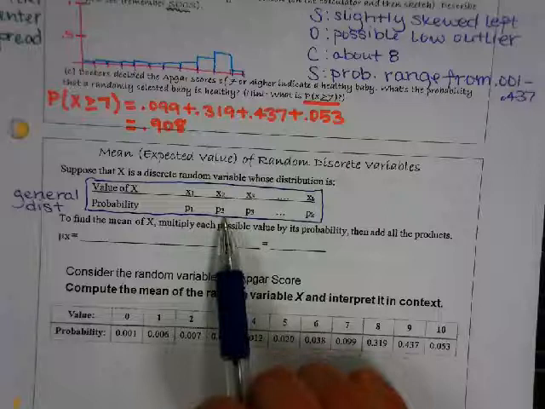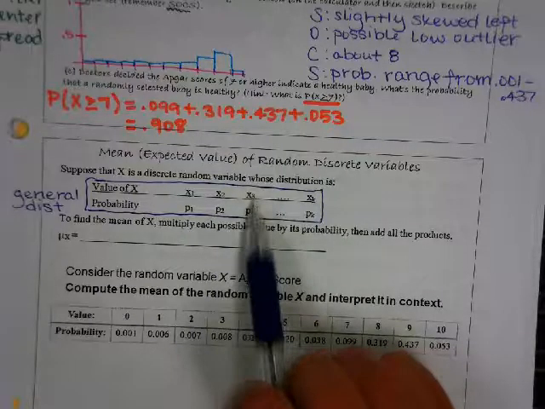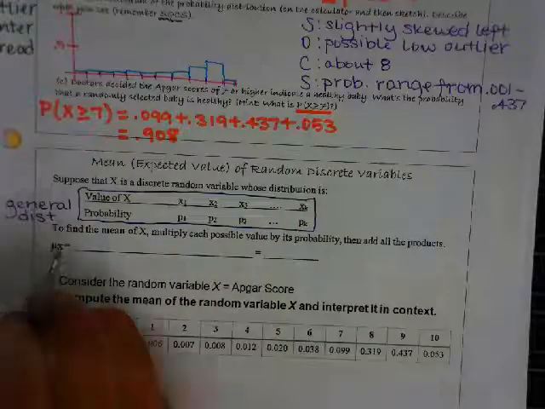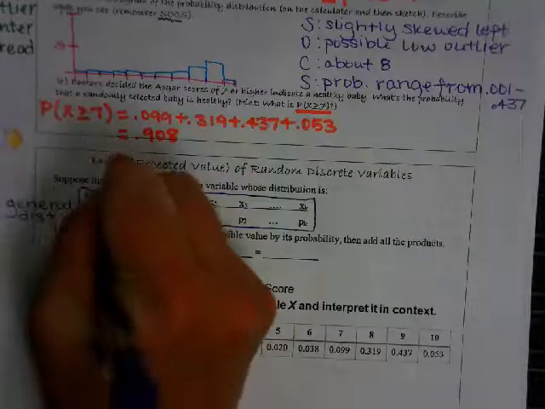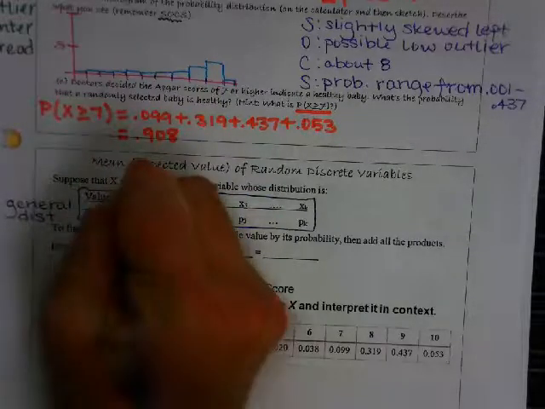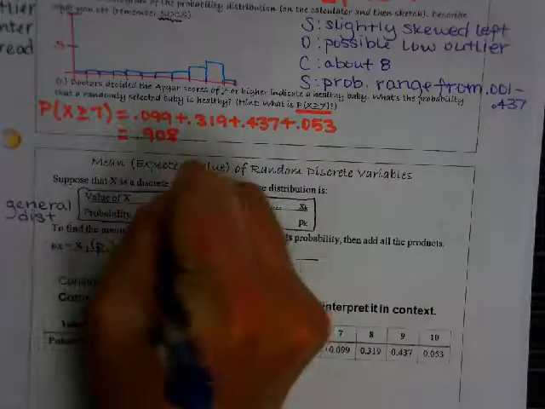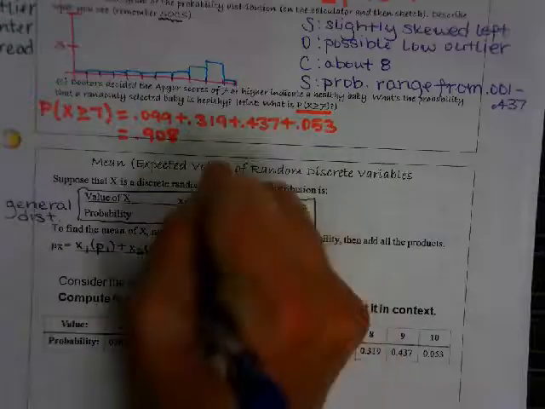So we would have x sub 1 times its probability plus x sub 2 times its probability. And I'm going to skip 3, otherwise my handwriting's not going to fit. And then we'd have x sub k multiplied by its probability. And we add them all together.